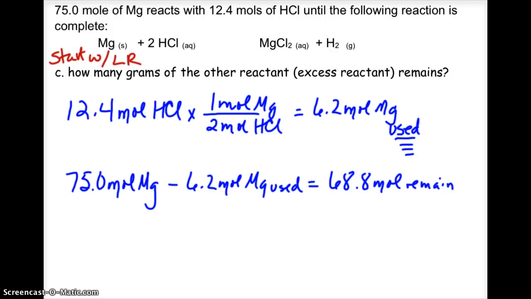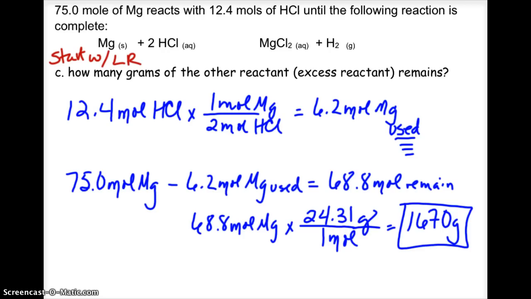I then subtract that 6.2 moles that were used from the amount of moles that were available in the problem, which was 75 moles of magnesium, as you can see right here. So that means after the reaction, 68.8 moles of magnesium remain.